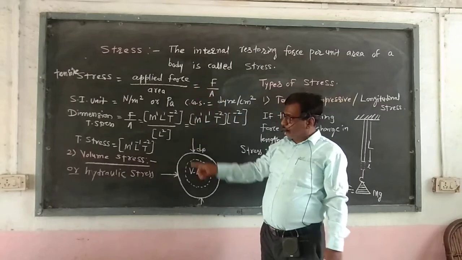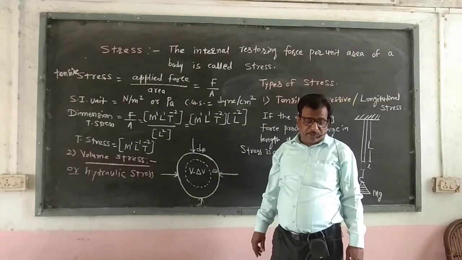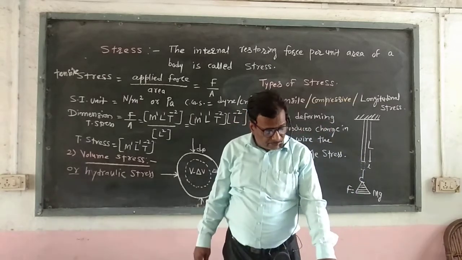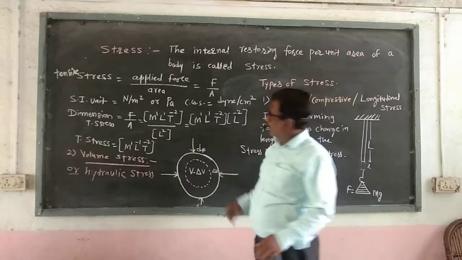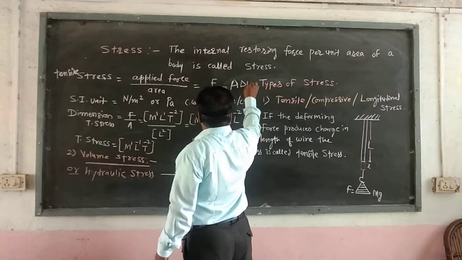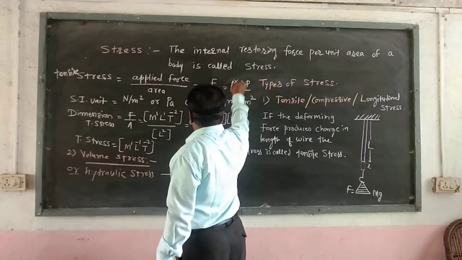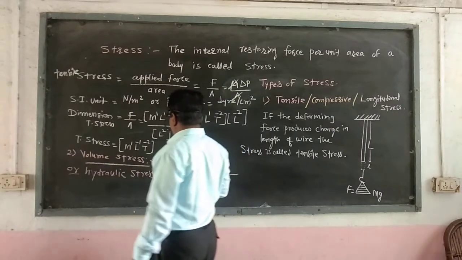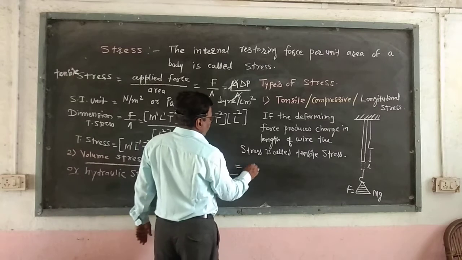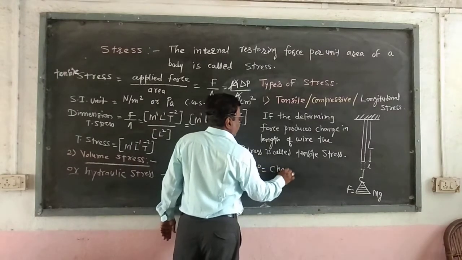Applied force is equal to area A into delta P, divided by area A. Here area gets cancelled. So we get volume stress is equal to delta P, and delta P means there is a change in pressure.